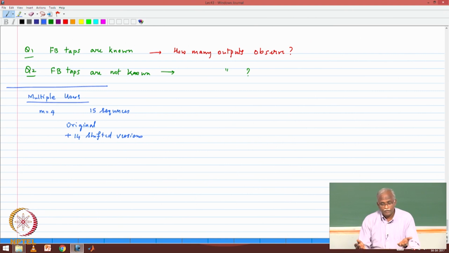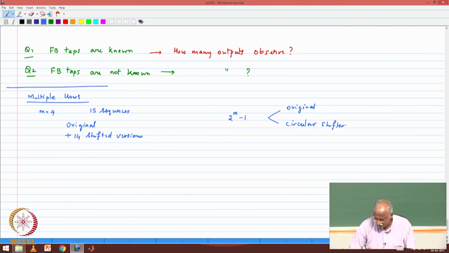Is that correct? Because whatever m is, 2 to the power of m minus 1 is the length of the sequence. So, there is one original, and then there are all the circular shifted versions. So, how many sequences do I have? 2 to the power of m minus 1 sequences are there.